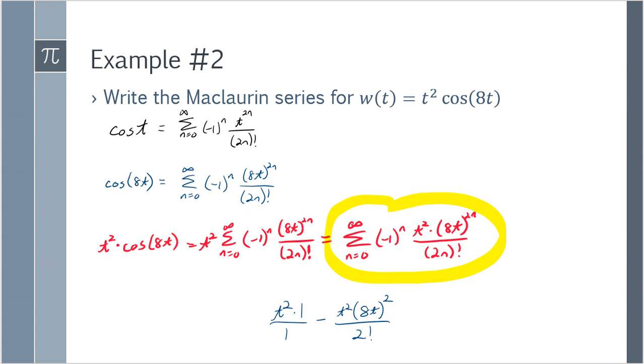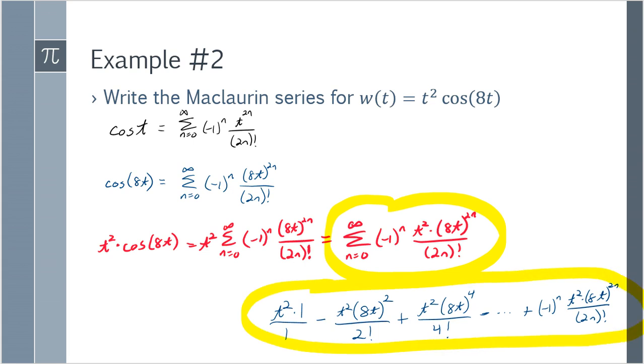Then when n is 2, I have a plus t squared 8t to the 4th over 4 factorial. And then the next term would be a minus, and that's going to keep going. And then my general term, -1 to the n, t squared times 8t to the 2n over 2n factorial. And this would be my first 3 non-zero terms and my general term.